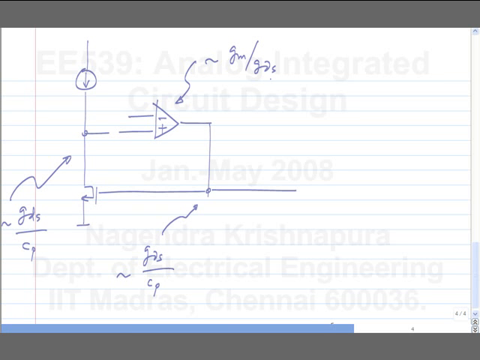What is an alternative way of not letting it become unstable? When will a circuit become unstable? When the loop gain is too high and the delay is too much. Now this is the extra block that I am adding. It has a gain of the order of GM by GDS and a pole of the order of GDS by CP if I use this particular circuit.